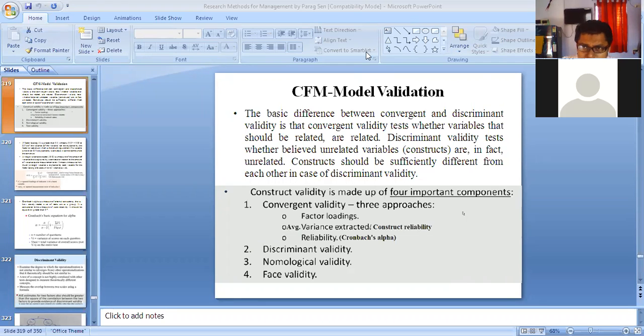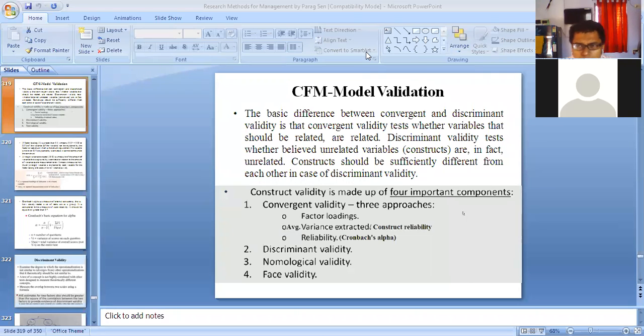That means the measurement model. And another part is the path model, or the structural model. These two parts are there, and under both parts, there are some steps.